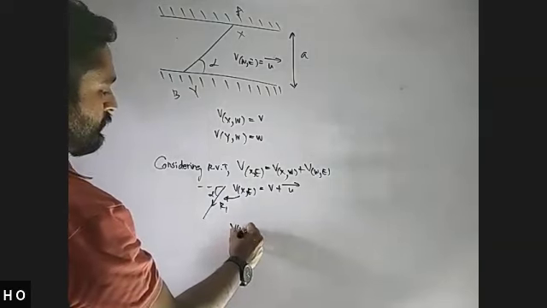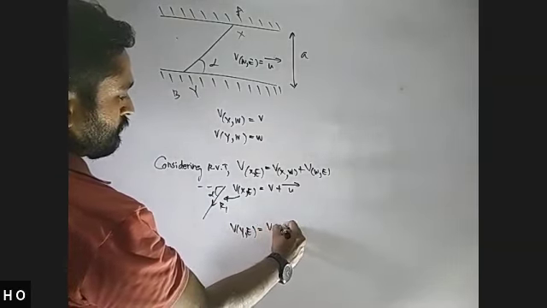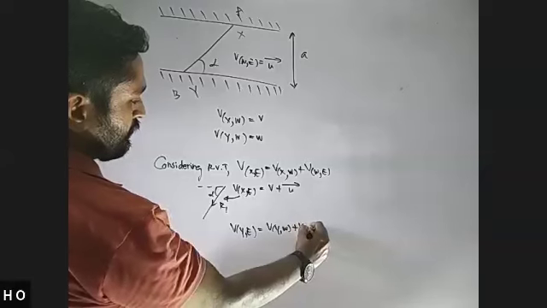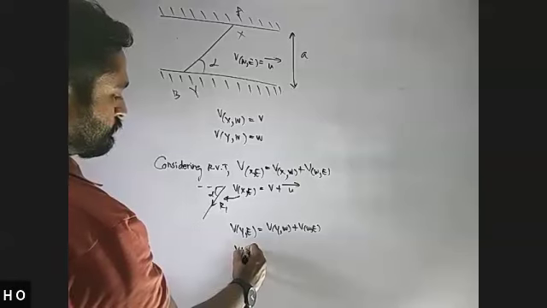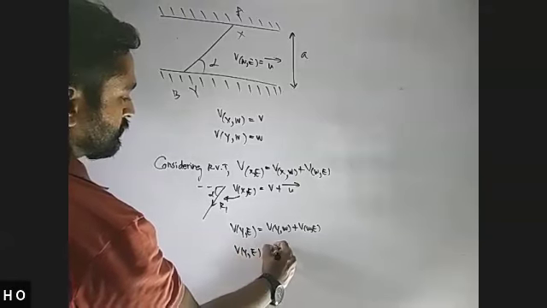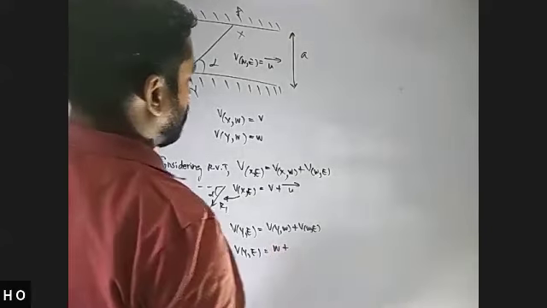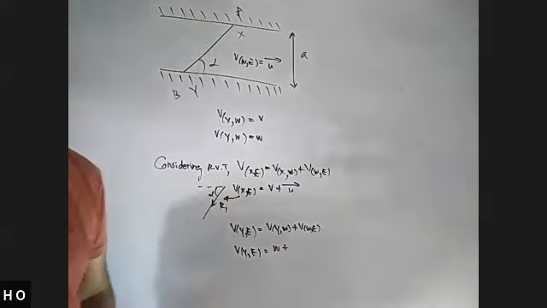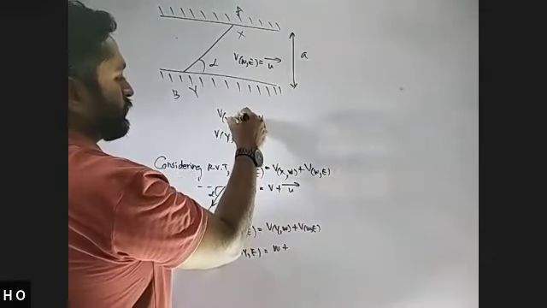Then the velocity of Y relative to Earth is the velocity of Y relative to water plus the velocity of water relative to Earth. Here we have an issue: W is already given. So this should be capital W relative to water.